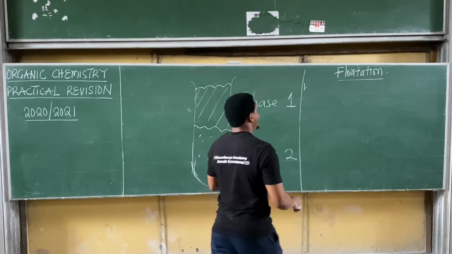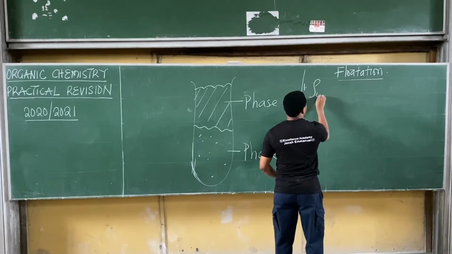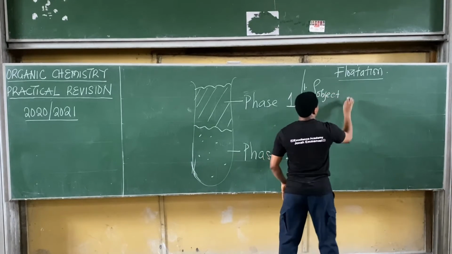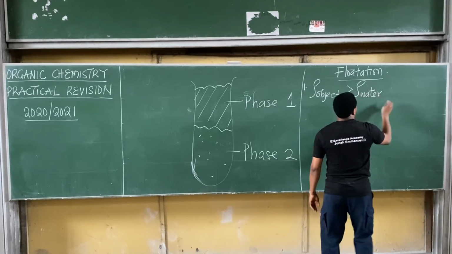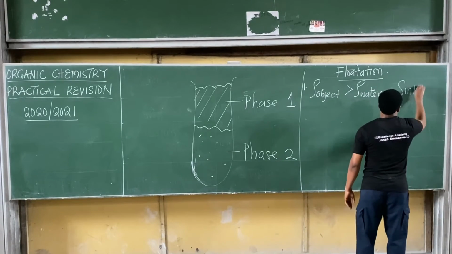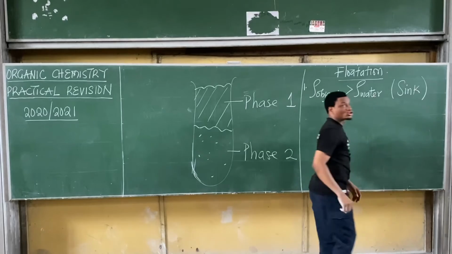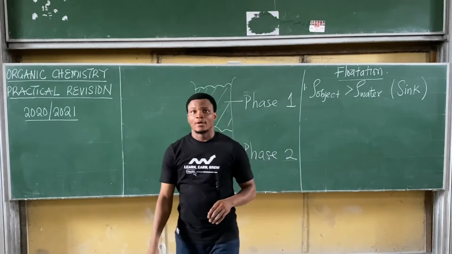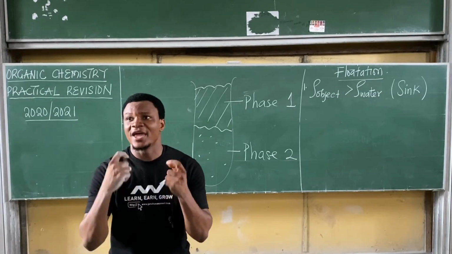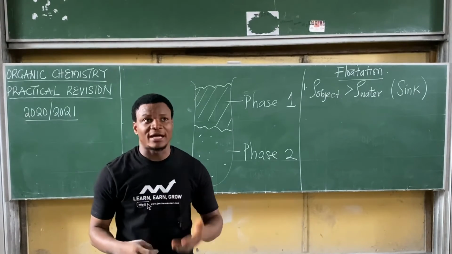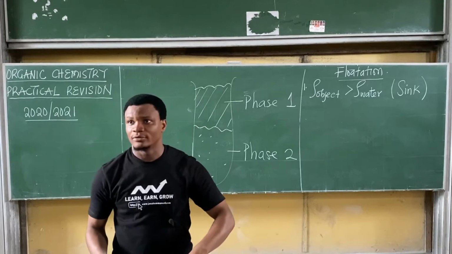If the density of the object is greater than the density of water, it will sink. In essence, it will go to the bottom. If an object is denser, or in layman's terms heavier than water, it sinks, like a metal.